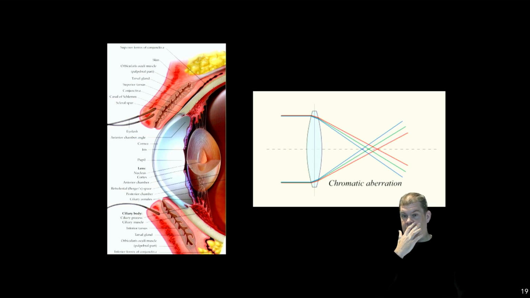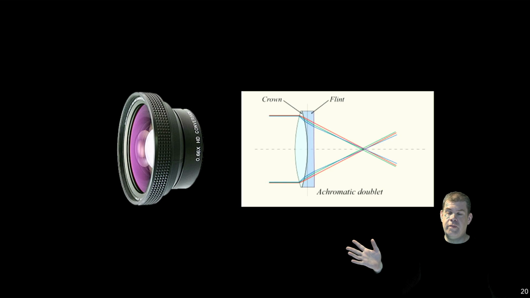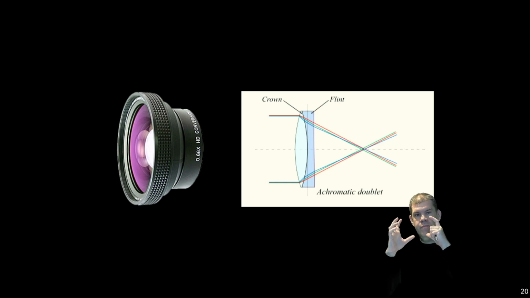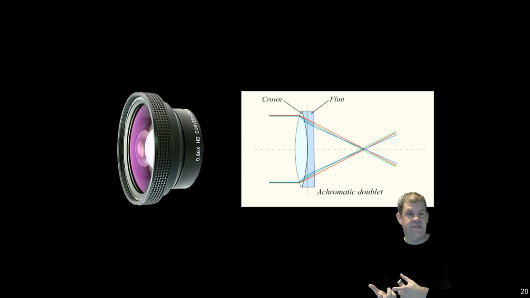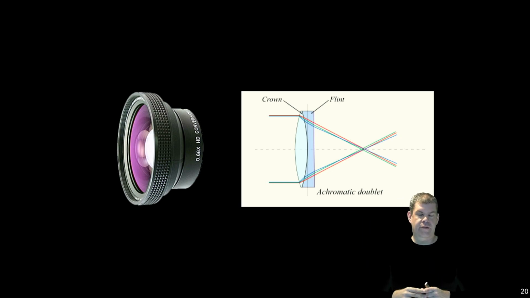To counter that, we can build what's called a chromatic doublet. You combine different types of lenses, different types of glass, in a way that you can compensate for this, so you still get a focus effect. The more of these things you stack on top of each other, the better you're able to counter this effect. It never really goes away entirely, but you can counter this pretty decently.